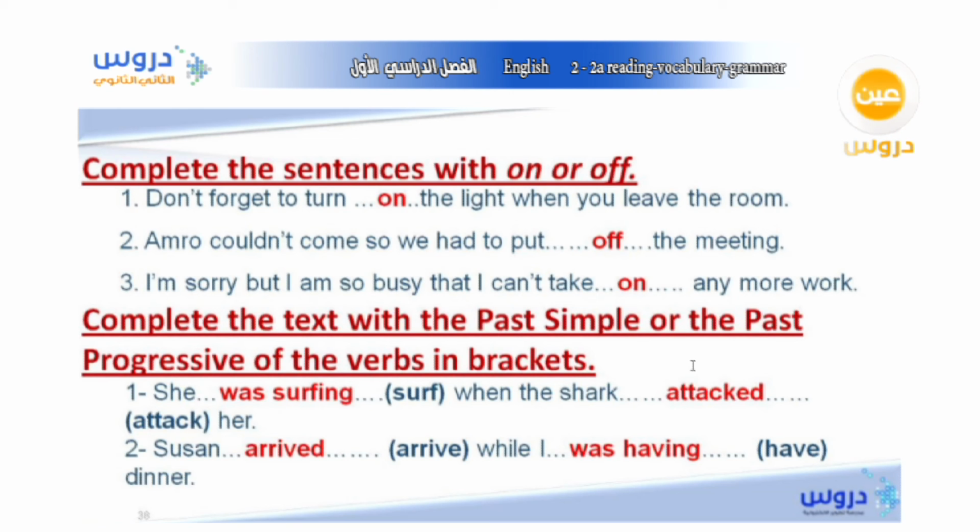Okay? Alma couldn't come, so we had to put off the meeting. I'm sorry, but I'm too busy, I can't take on more work. Okay? What do you mean, the first sentence? Don't forget to turn off the light when you leave the room.